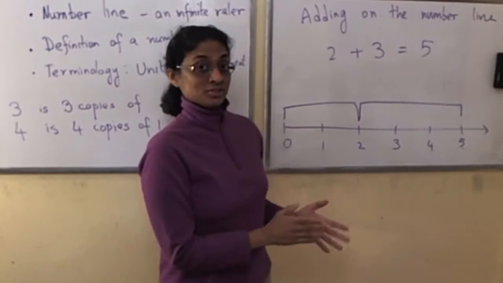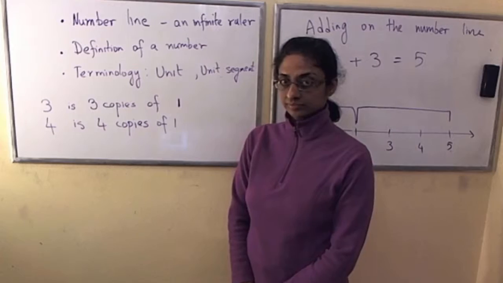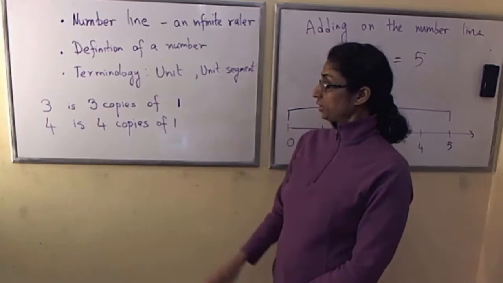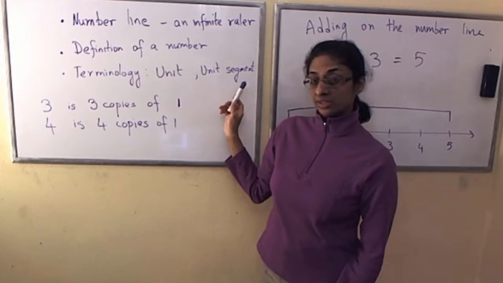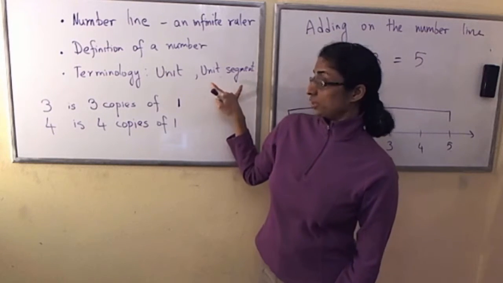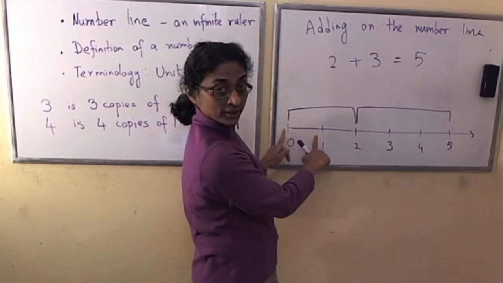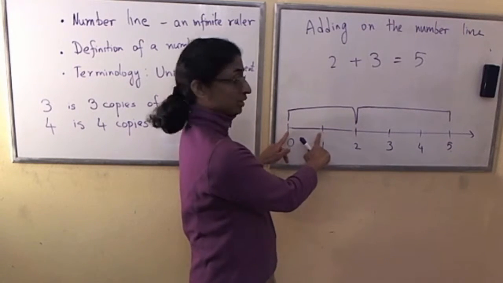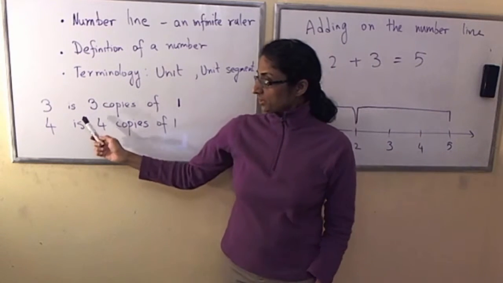But the focus of this series of videos will be on numbers that are fractions. It would be a good idea to go over the terminology unit segment carefully. Distinguish the word unit segment, which refers to this particular piece, and length of the unit segment, which refers to the number 1.